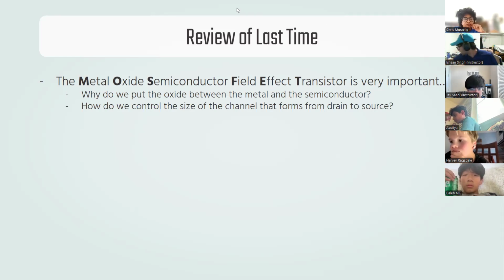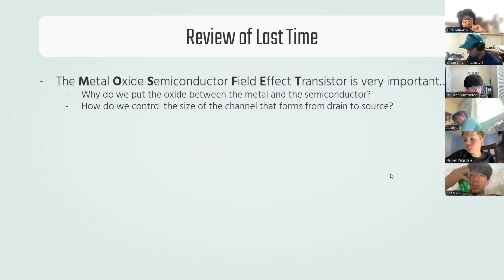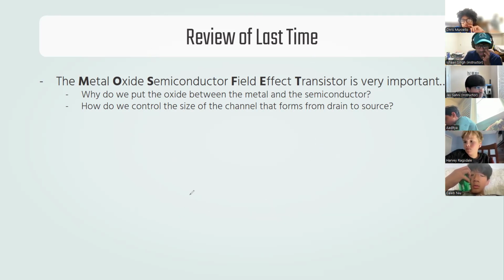If you remember what the voltage does, this is true, but what voltage in particular? The gate voltage, yes, the gate voltage.